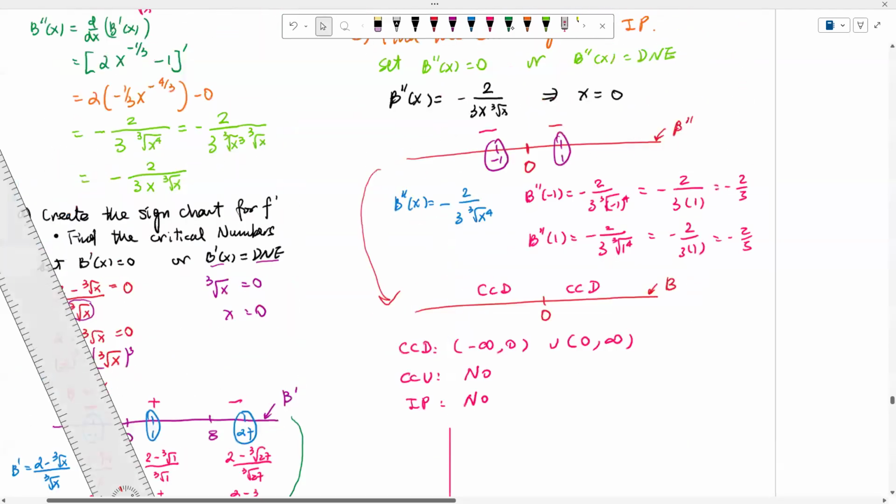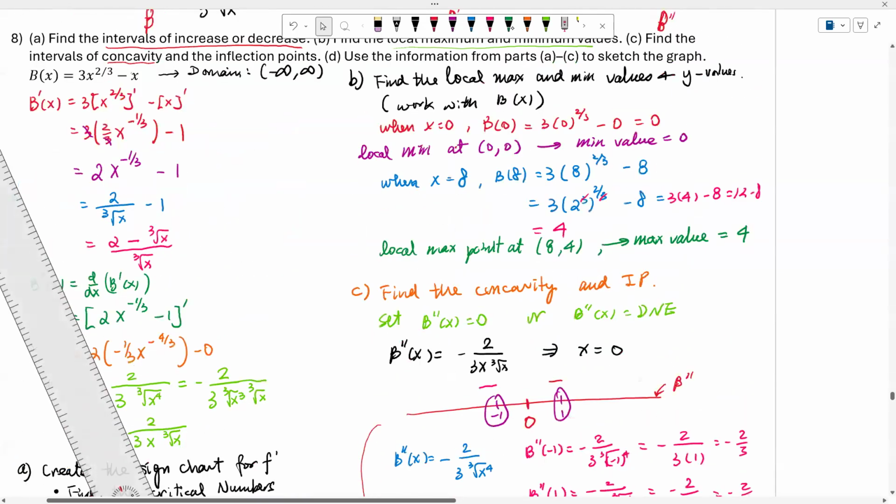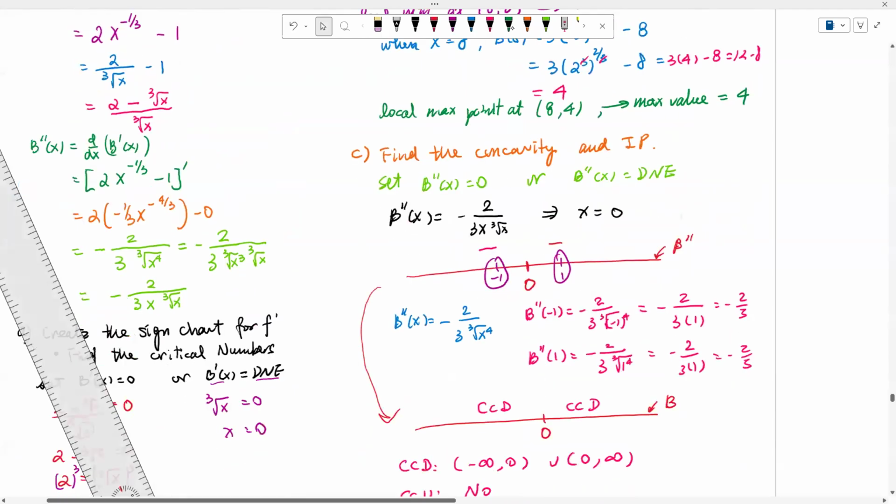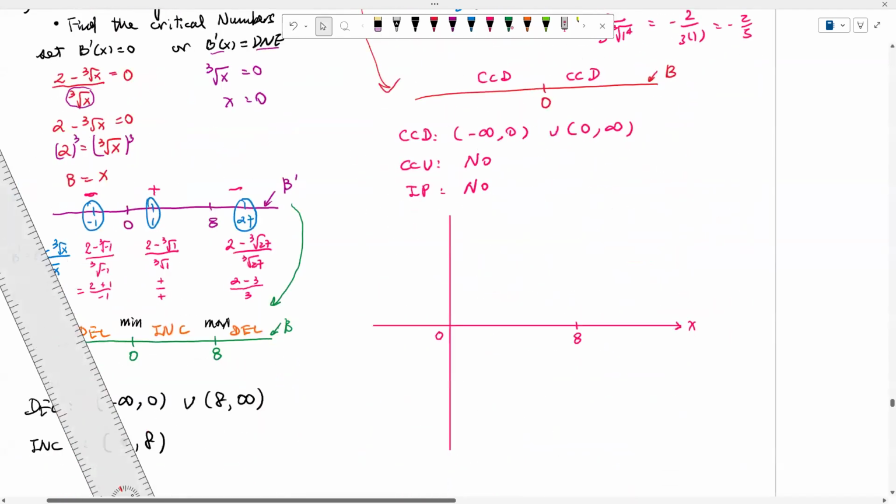And then now we find out that we have the local minimum at x equal to 0, and the point is (0, 0). And then we have a local maximum at the point (8, 4).